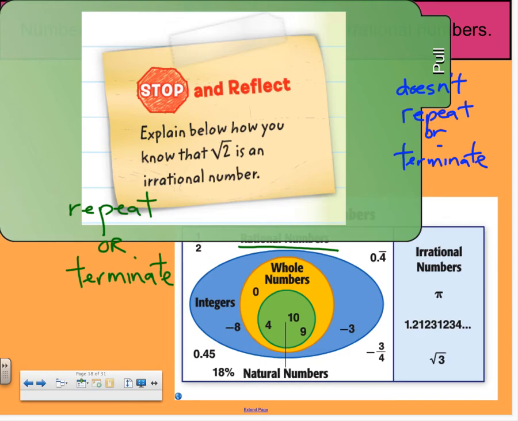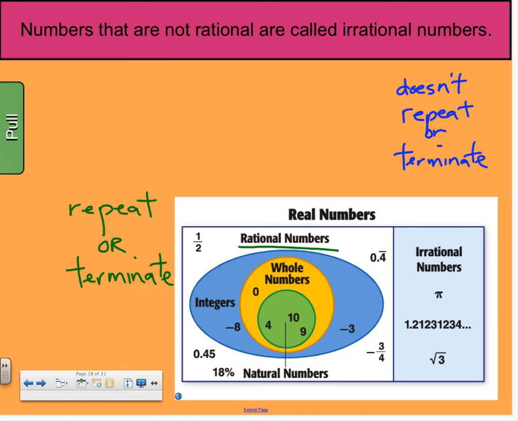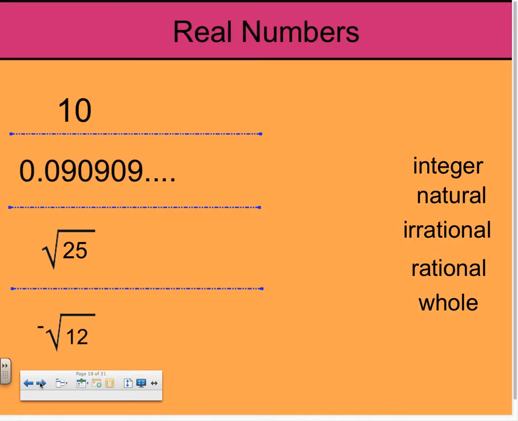Yes, it does. So that means it's going on and on and on. It does not stop. It does not terminate. And do you see any repeating pattern in that number? No. So it does not repeat. It does not terminate. Therefore, it is irrational. So we know the square root of 2 is an irrational number because it does not terminate and it does not repeat.